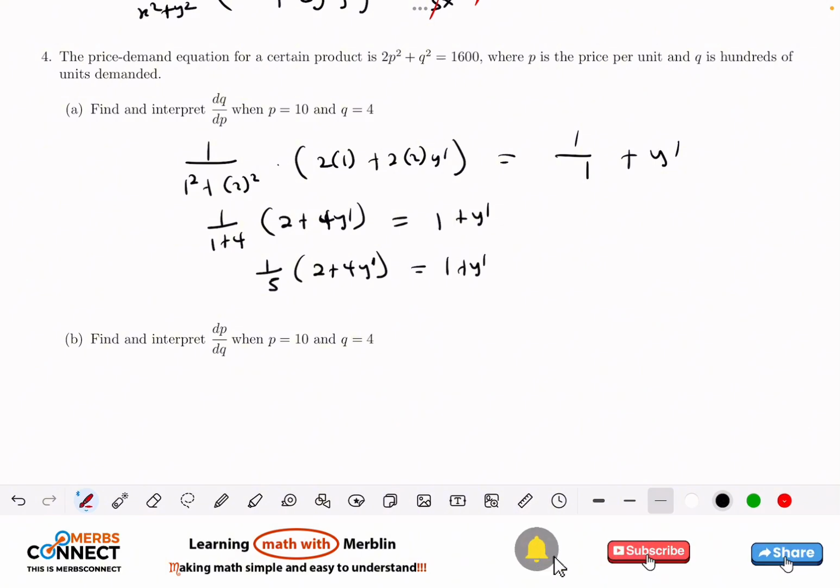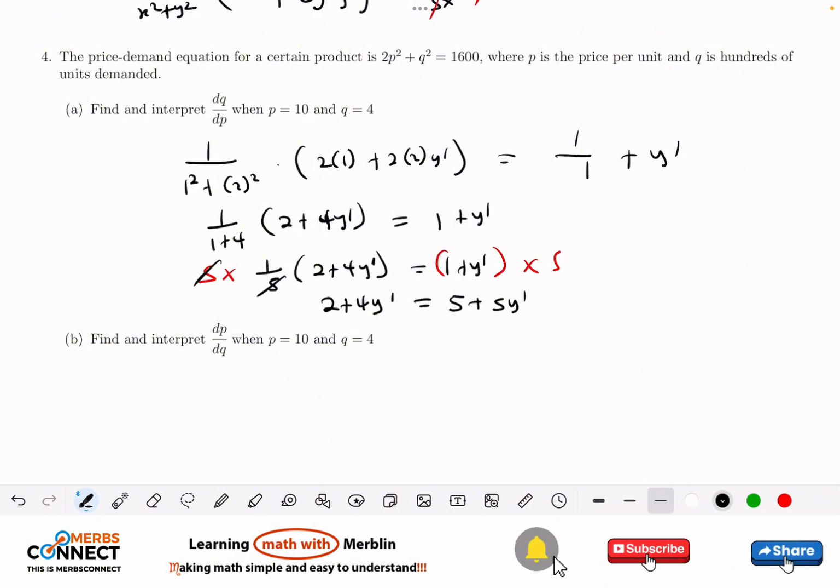So what I'm going to do is multiply this side by 5 and multiply this one too by 5, right? When I do that, the 5 cancels 5. So here we'll be left with 2 plus 4y prime, which is equal to, the 5 will distribute, 5 plus 5y prime.